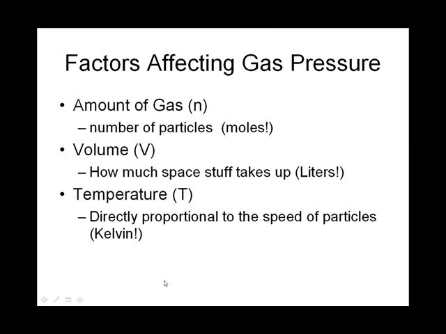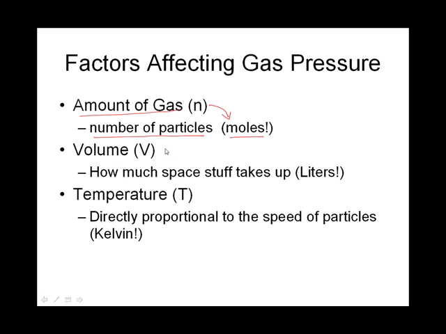Just to cover the symbols for the gas unit, when I say amount of gas, I'm actually talking about the number of particles, and because particles are really small, we're going to count them in groups of moles. So the unit for N is moles.